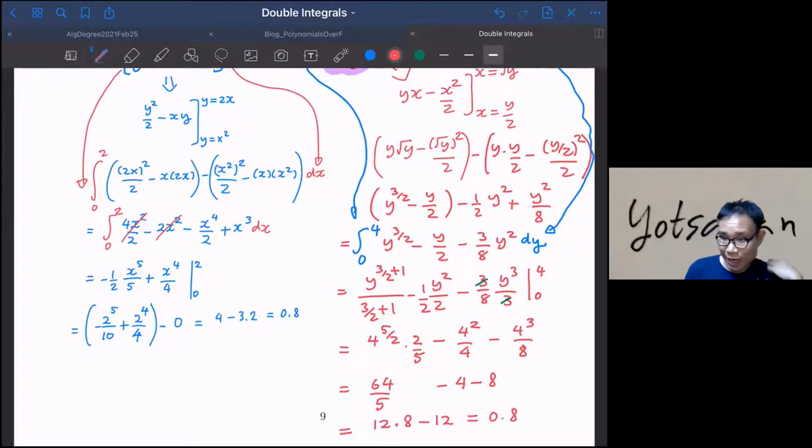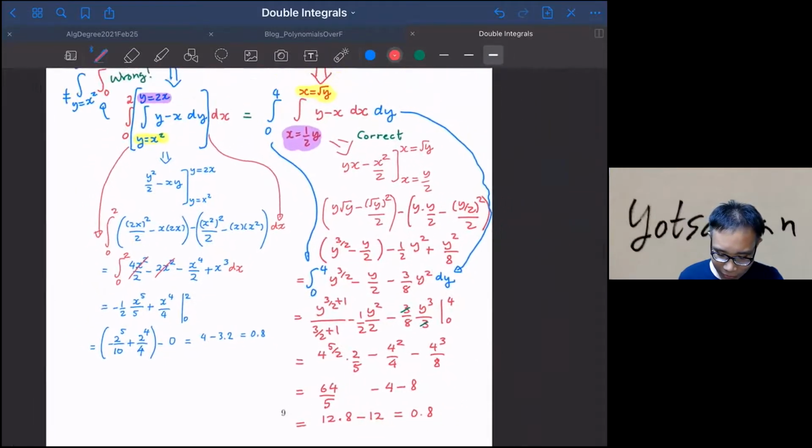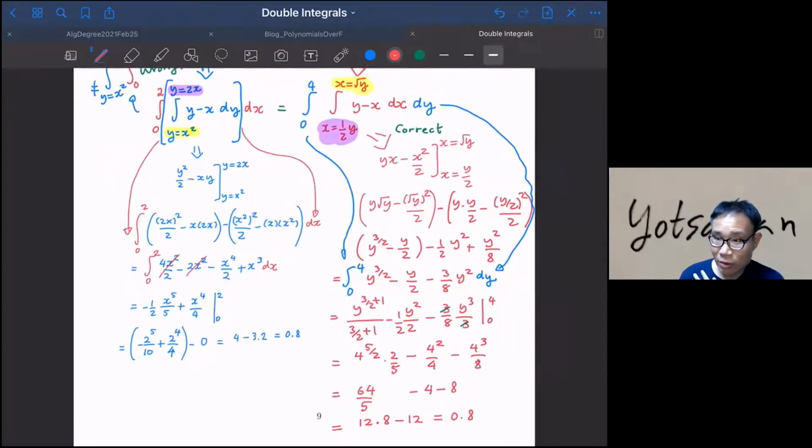So you see that sometimes, when you deal with this double integral, you may have to choose the correct way to integrate in order to obtain the same answer. You have the same answer, but the first one and the second one seem longer. Why is the second one longer?